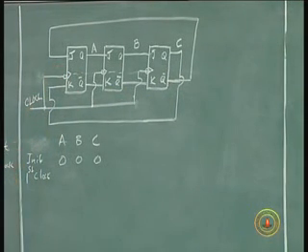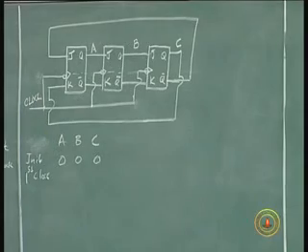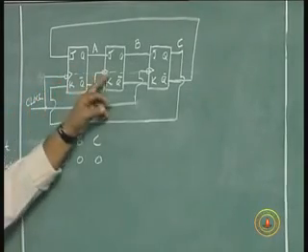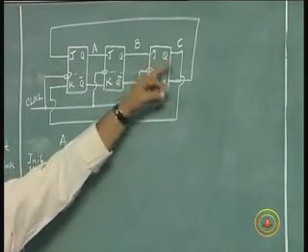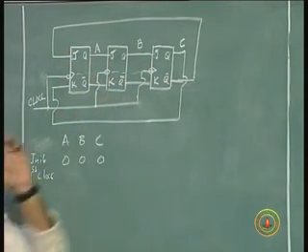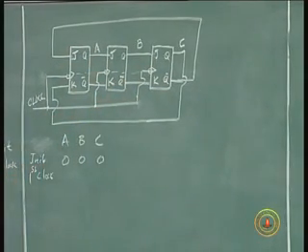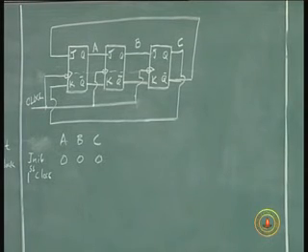I put 0, 0, 0 and I shift it. One clock pulse shifts this 0 into this, this 0 into this, not back into this, but this is connected here to this one. So after that, the pattern will be 1, 0, 0.